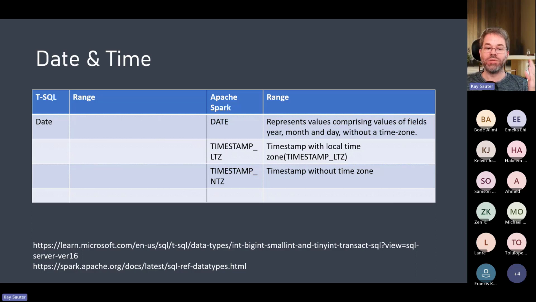We have timestamp possibilities, but they are constructed a bit differently in SQL Server than here. So we have timestamp LTZ, which is local time, and timestamp without a time zone. So you have to make sure that you keep time zones in mind. This is actually the same in SQL Server.